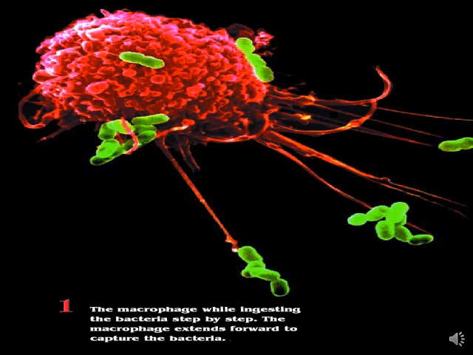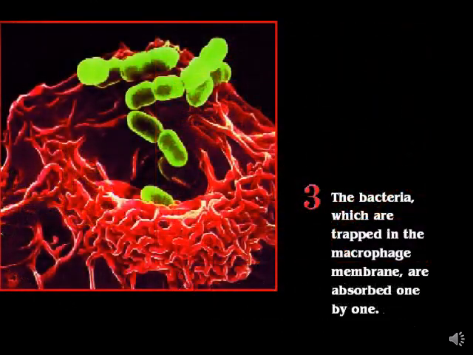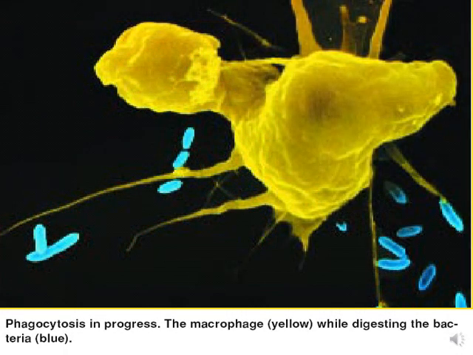So here, the macrophage, while ingesting the bacteria step by step, will extend forward to capture the bacteria. The bacteria are captured and trapped by the macrophage membrane. The trapped bacteria are absorbed one by one and digested.